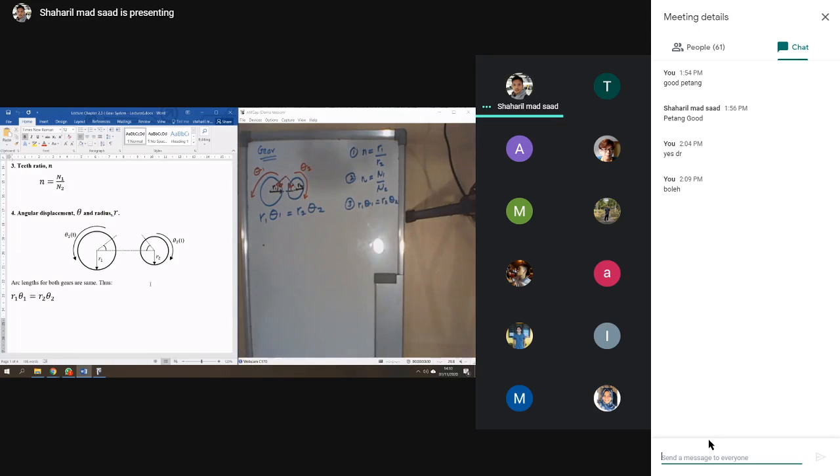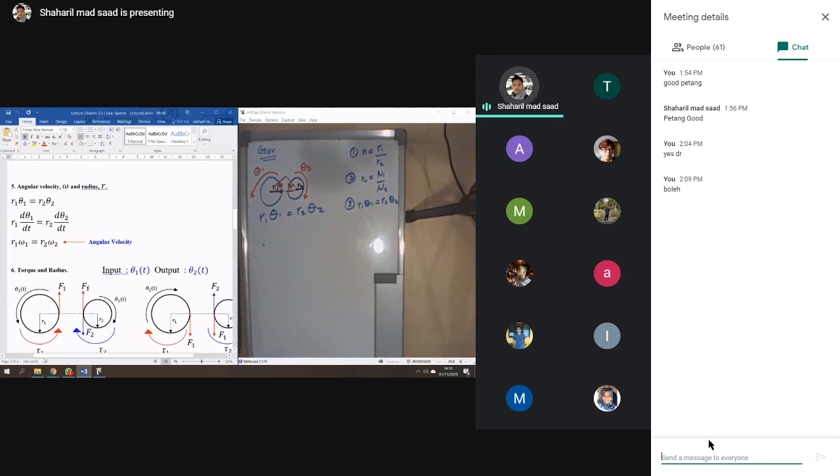And from the angular displacement, you can also differentiate it with respect to time, which gives you the angular velocity.